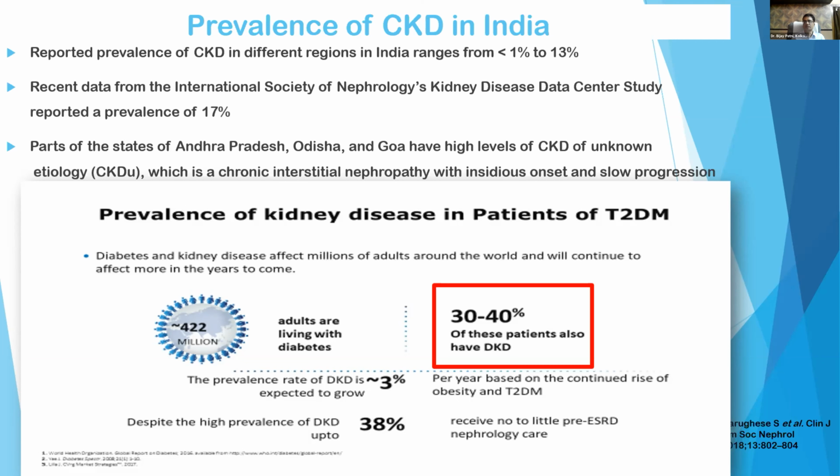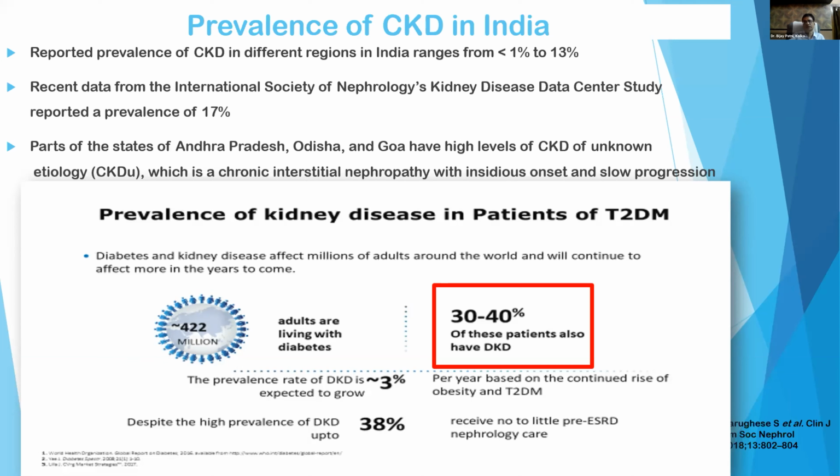But in spite of knowing the fact that the prevalence rate is so high, 38% receive no or little pre-end-stage renal disease nephrologic care. That's very important. So this is a huge population where probably they are not even managed well.